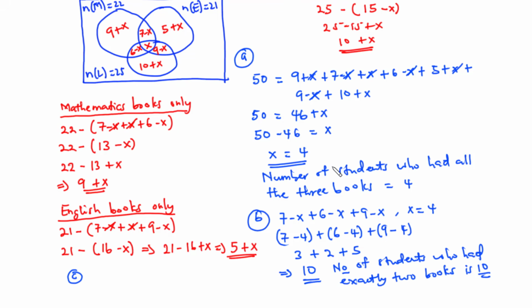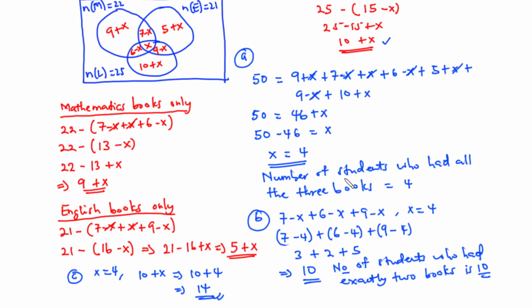So for only life skill books, we are going to use this expression. Now we know that x is equal to 4. So 10 plus x becomes 10 plus 4, which is 14. So the number of students who had life skill books only is 14.